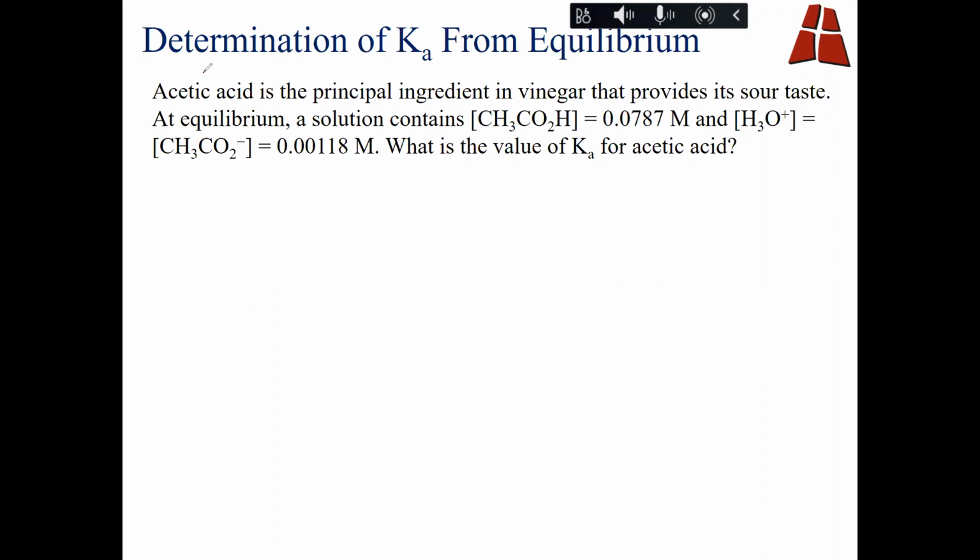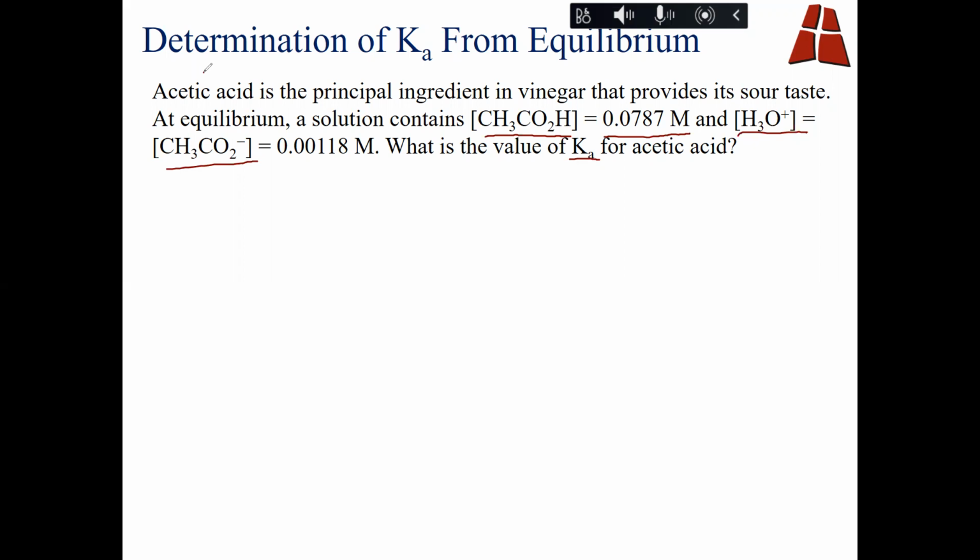The molecular formula is CH3CO2H, and we have a certain concentration of our acetic acid, and then we also have a certain concentration of our hydronium and our acetate, which would be our conjugate base. This question asks us, what is the value for Ka?